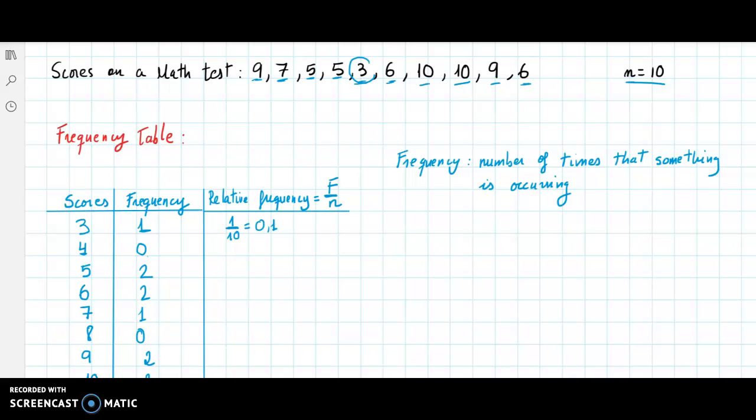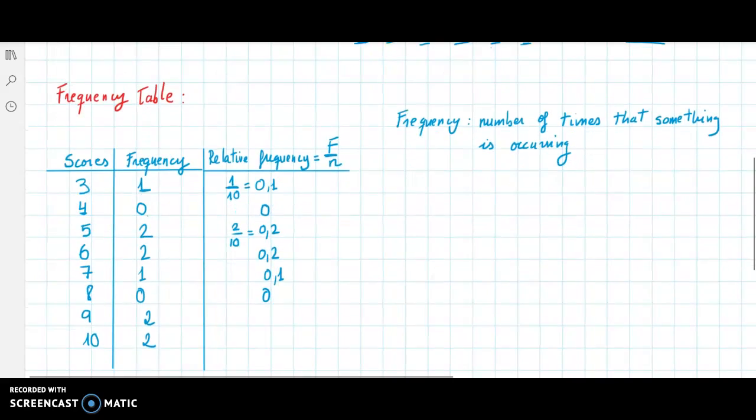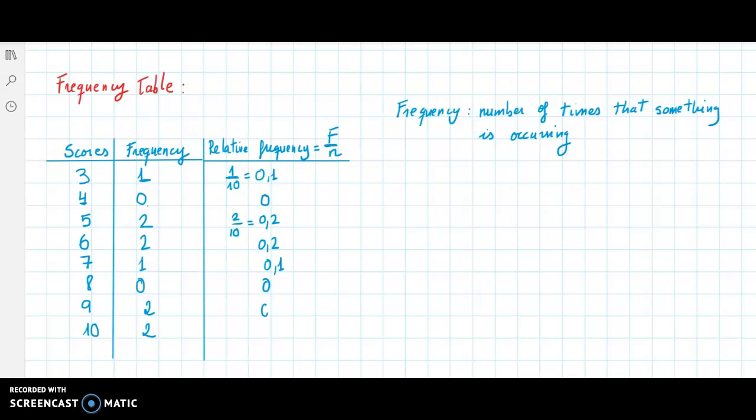The second is 0 over 10, which is 0. Next one is 2 over 10, and this is 0.2. Next one is 0.2 again, because the number 2 is again here. Next one, 1 is 0.1. 0, 2 is 0.2 again, and 0.2.